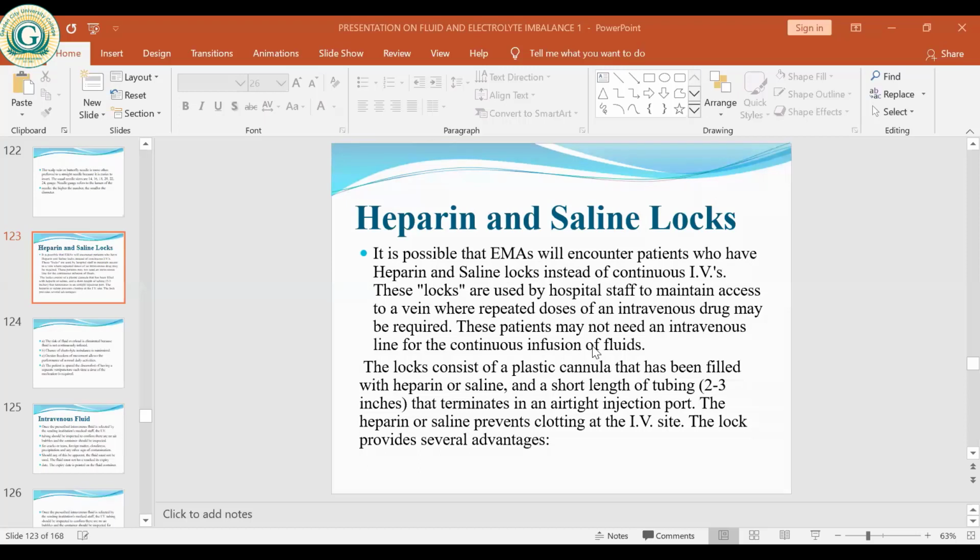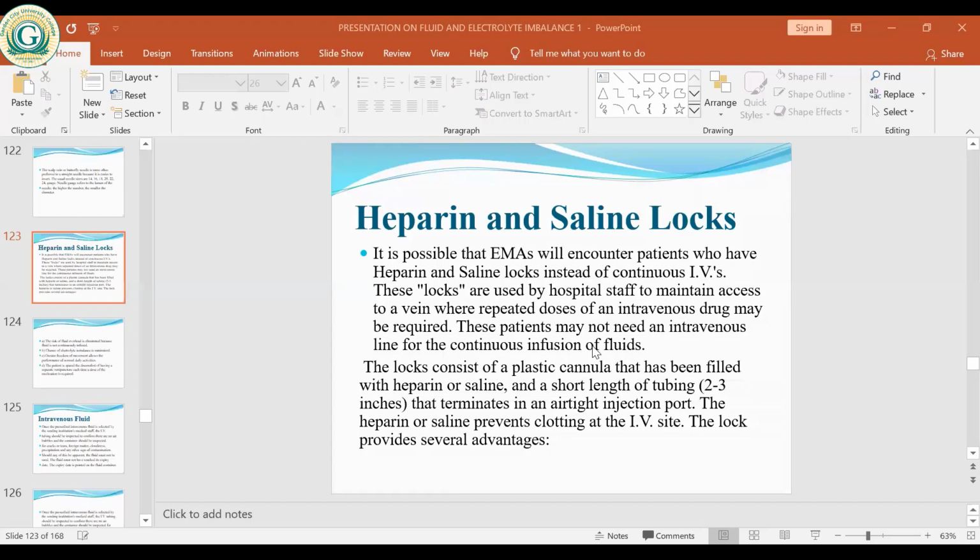It is made of a plastic cannula filled with heparin or saline, and a short length of tubing, 2 to 3 inches, and it terminates in an airtight injection port. So it's just like there is an airtight port at the tip of the tube where you push the medication through.